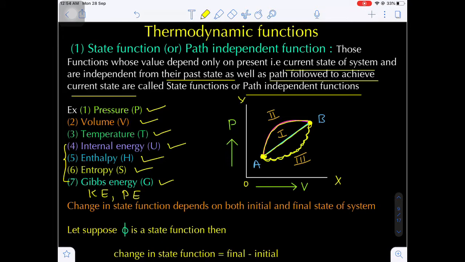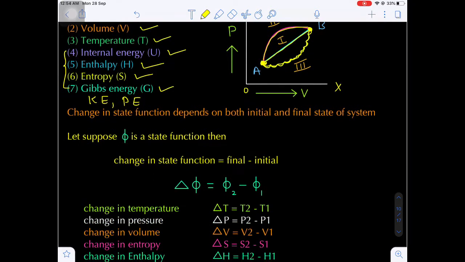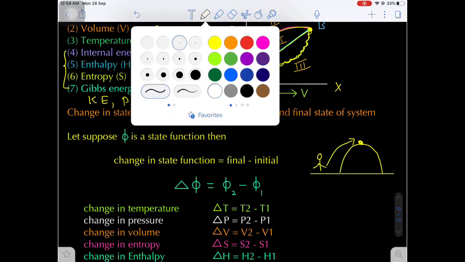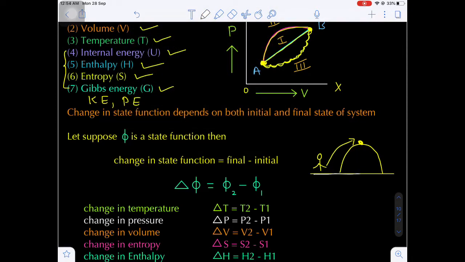Okay. Now here I will tell you a simple example. Let's suppose this is a mountain, a high hill station. Now you are standing here, and you have to move to this point. There are different options. You can move directly from this direction. Otherwise, first you can move in a straight line up to here, and then go in this direction.